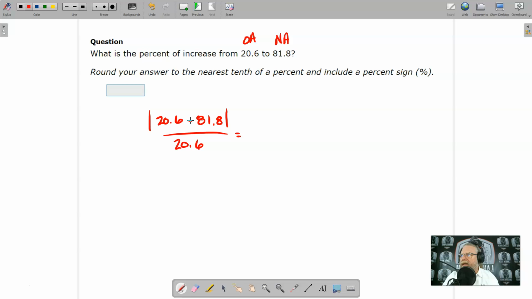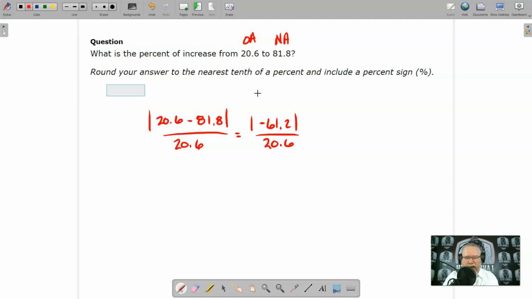Now let's go ahead and subtract that. 20.6 minus 81.8. And I'm going to get a value of negative 61.2. And I'm going to put that over the original amount, 20.6.